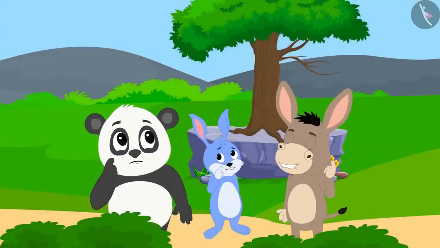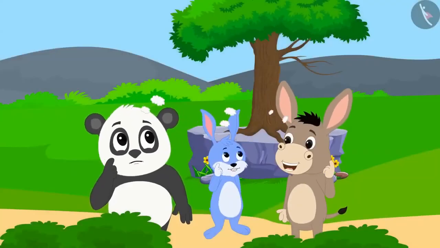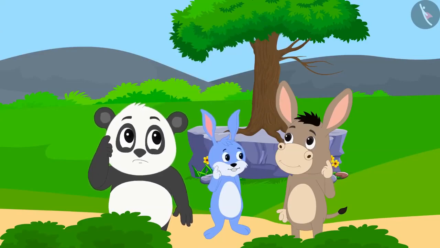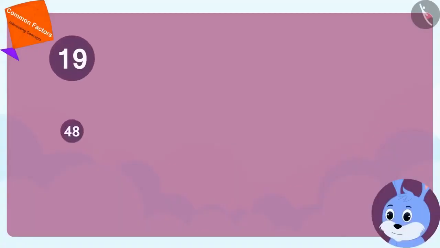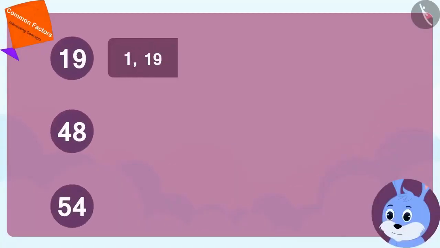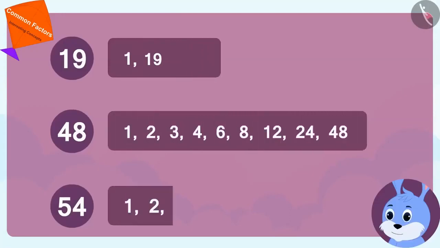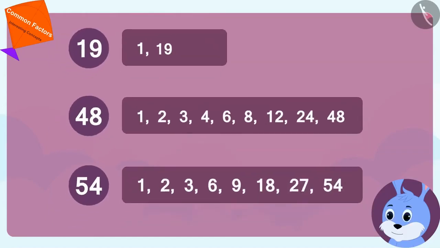Now all three friends are thinking about the maximum number of children that they will be able to give these things to. To find a solution to this question, Bunny first wrote the factors of the three numbers in this way.